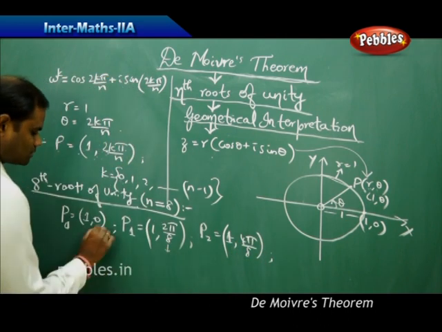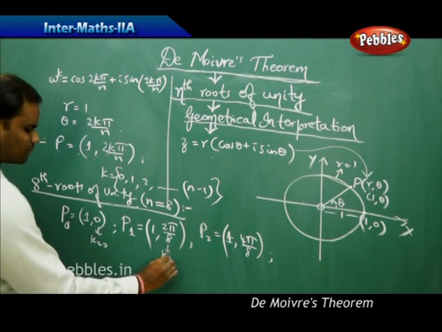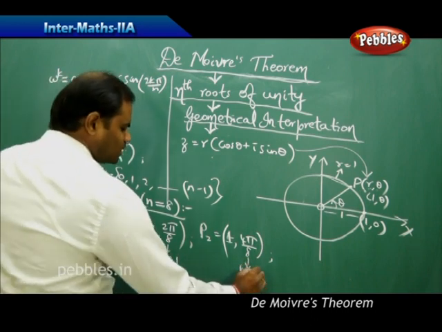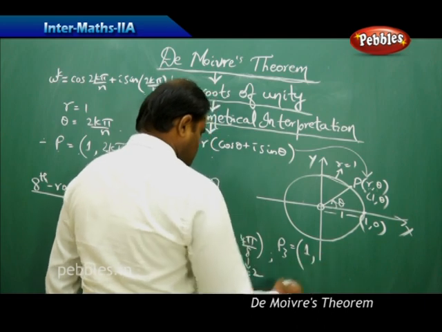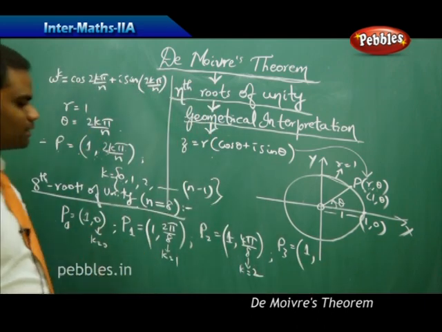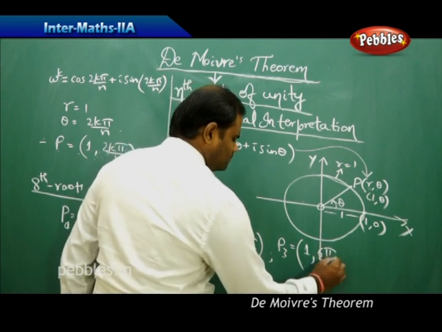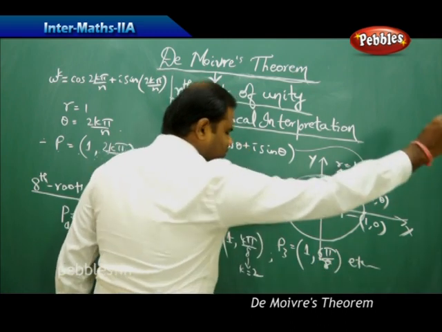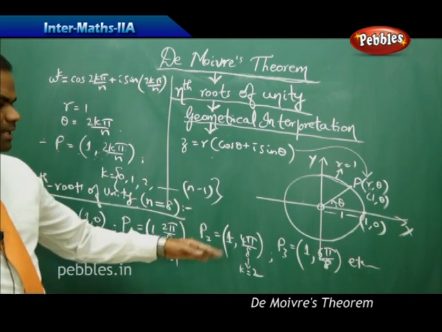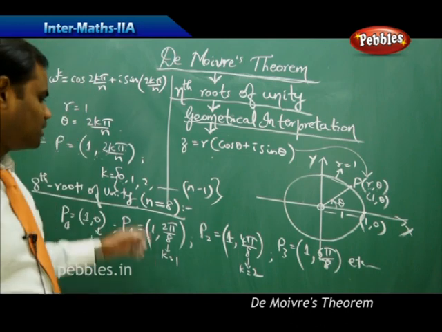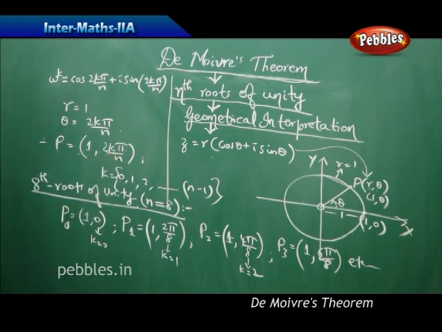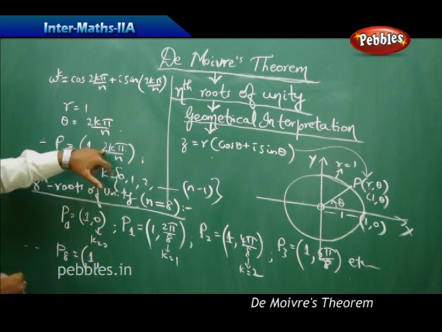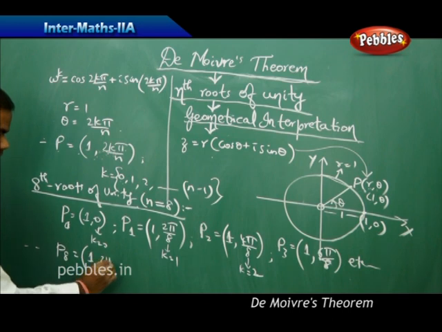Now this is when I put k equal to 0, this is when I put k equal to 1, this is when I put k equal to 2, and then similarly I take p3, which is obtained by taking k equal to 3, 6 pi by 8, etc. Now this proceeds until I take p8, where k equal to 8 gives 1 comma 16 pi by 8, which is 2 pi, where the circle ends.